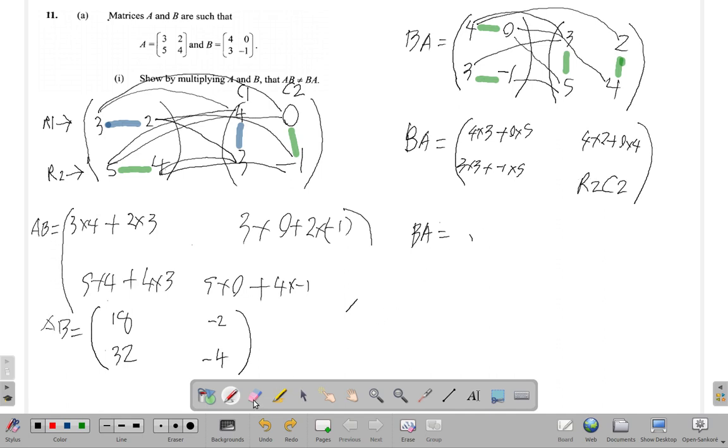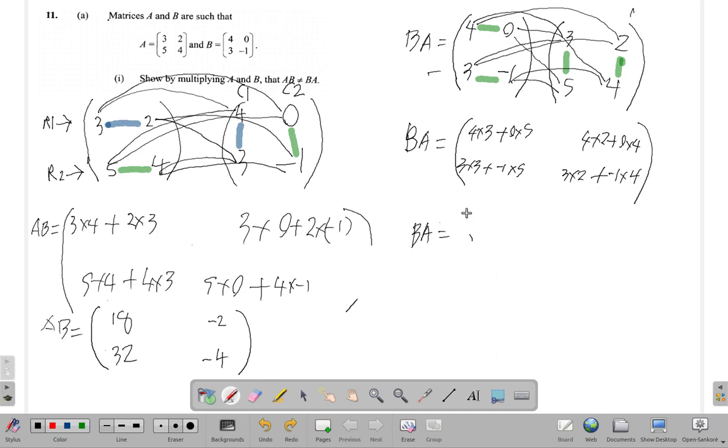Row 2, column 2 now. This row by this column. First elements 3 by 2 plus the second elements. Second in row 2 is -1, second in column 2 is 4. -1 times 4.